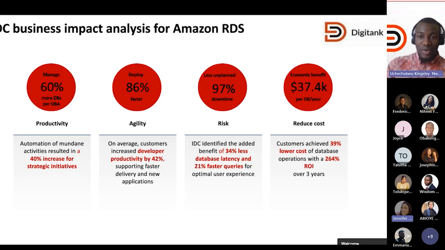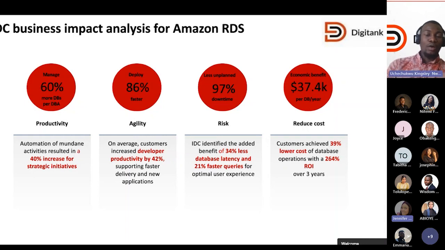Then with regards to risk, IDC identified one of the additional benefits in the conducted study: there was 34% less database latency, which means that the possibility of downtime is extremely low. And then the last, which is cost reduction: customers on average achieved a 39% cost reduction using Amazon RDS.